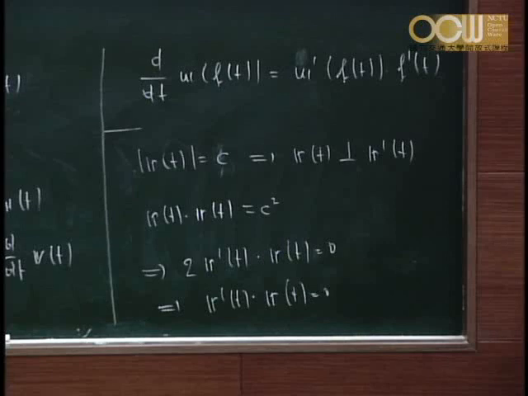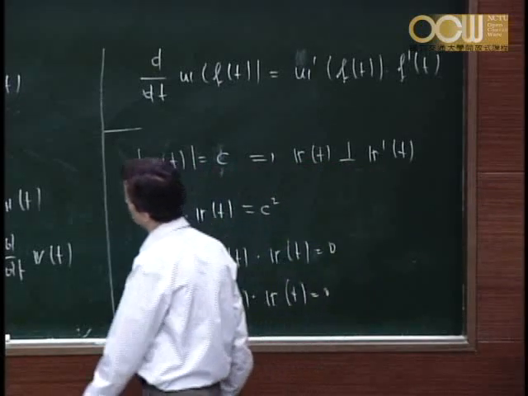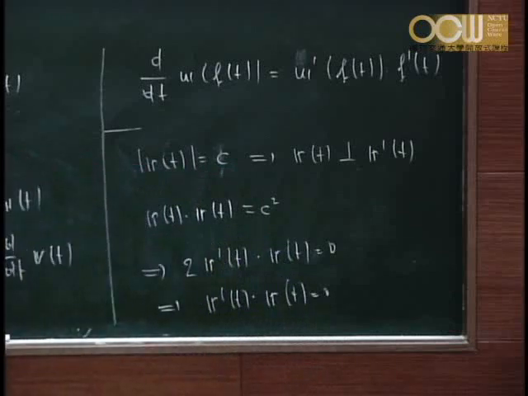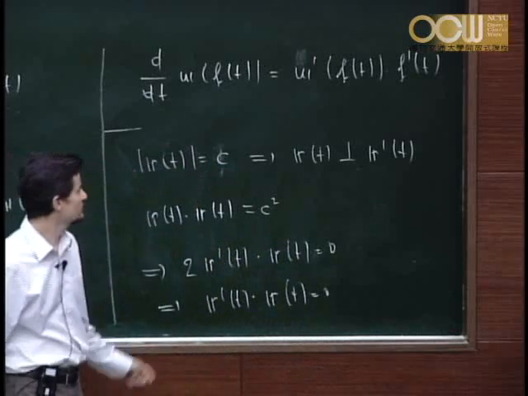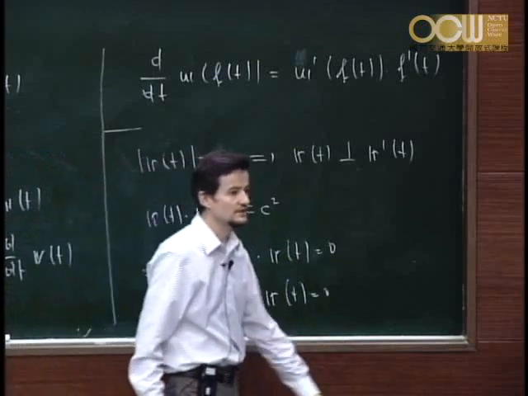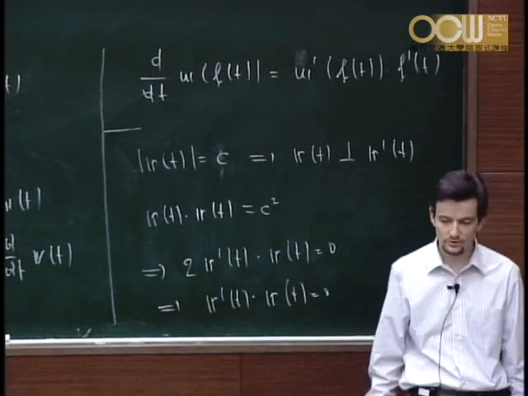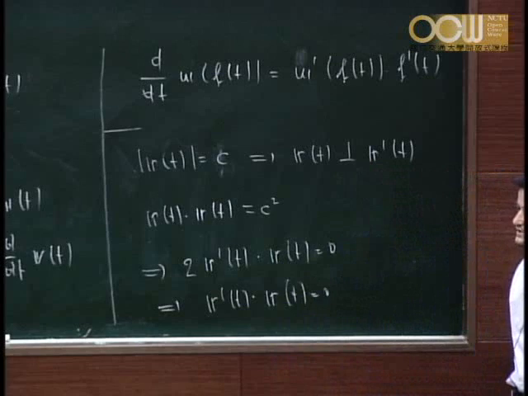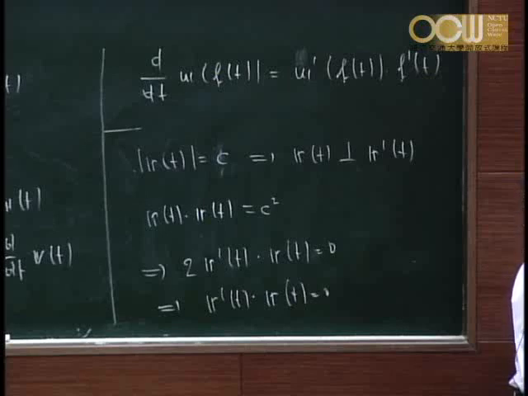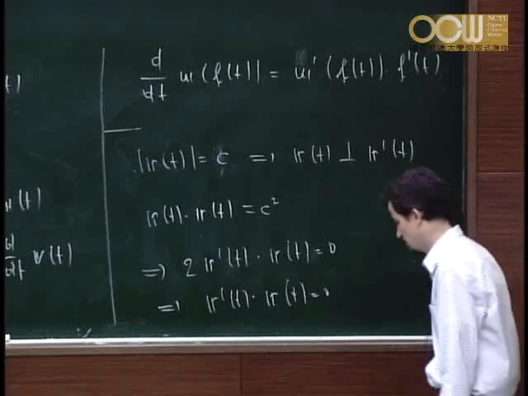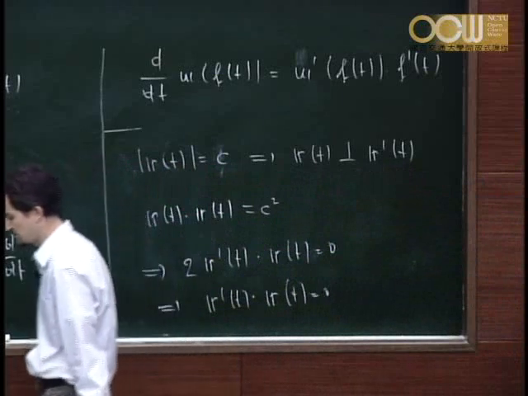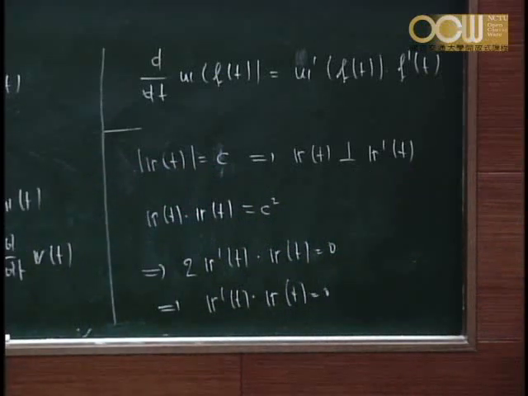Next time I will finish this, and then I will go on and discuss the curvature. And the final thing which I will do is to convince you that this approach of introducing derivatives and then also integrals for vector functions is really useful. You have seen this already in physics, but in our textbook there is a proof of one of Kepler's laws of planetary motion, and this is what I will do next time.